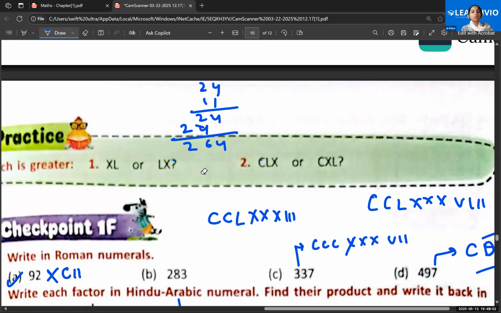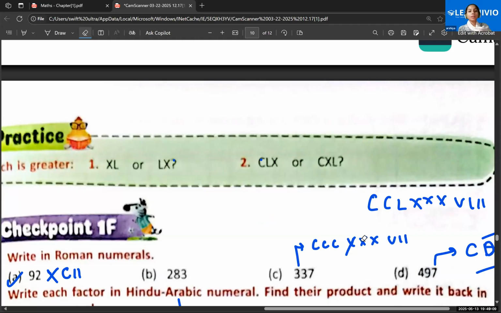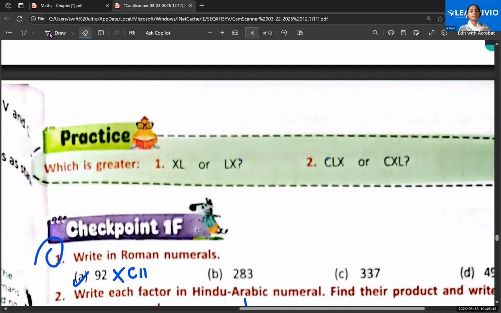So we have to tell which one of these is greater. Let's solve the first. This is XL. What is XL? XL is 40. And what is LX?